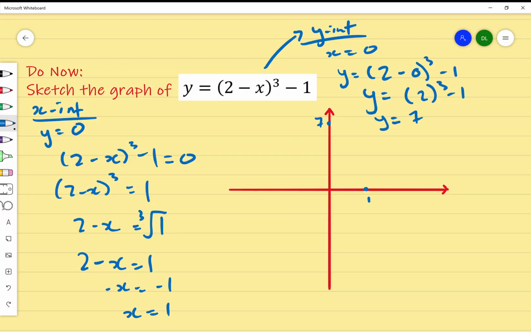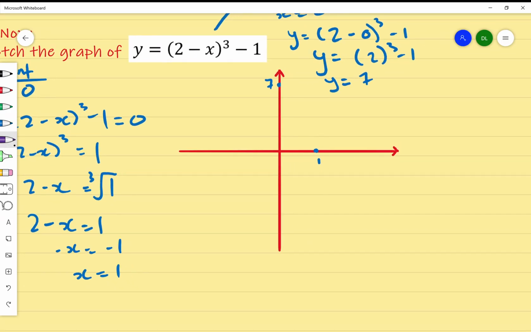What I'm going to do is rearrange this equation. I'm going to do this in the bottom right just so we have enough space. I'm going to rewrite the equation, y equals (2 minus x) cubed minus 1. Would you agree that's the same as if I wrote y equals (negative x plus 2) cubed minus 1? Would you guys agree it's the same thing?